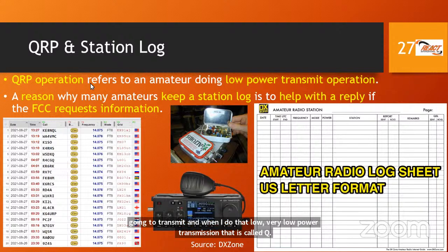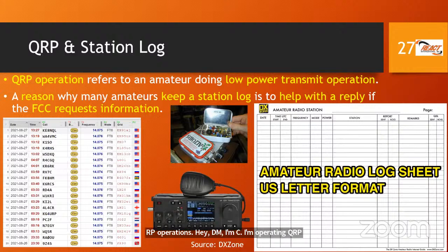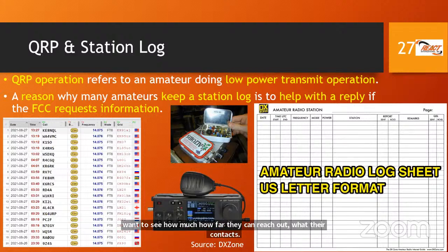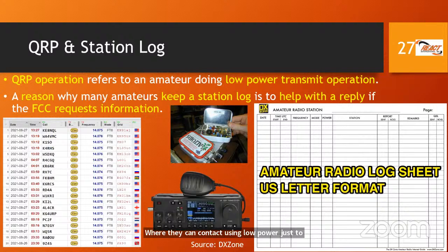So anytime you hear someone say, I'm operating QRP, that simply means they're operating low power. It could be that their power supply only allows low power, or they just want to see how far they can reach using low power, to see how their station performs, without having to transmit high power. And of course, as an amateur radio operator, there's a concept that you use only the amount of power that you need to make the contact and no more, because that also helps reduce the amount of interference you can cause. So QRP operation is using low power transmit operation.